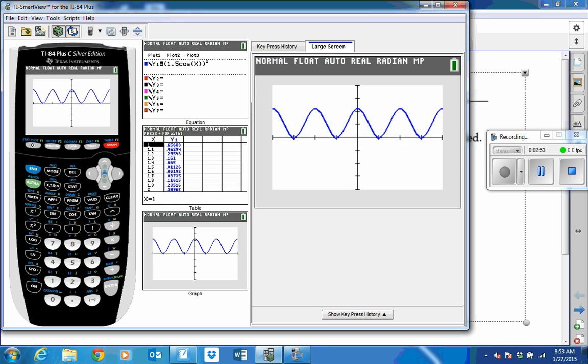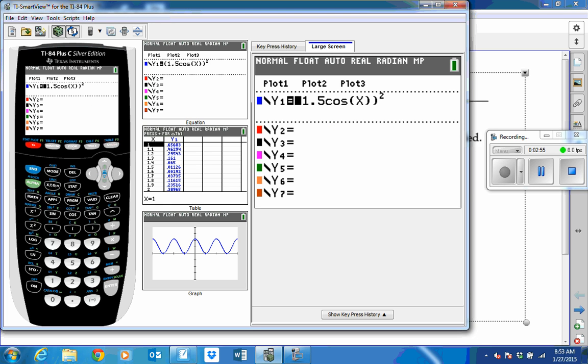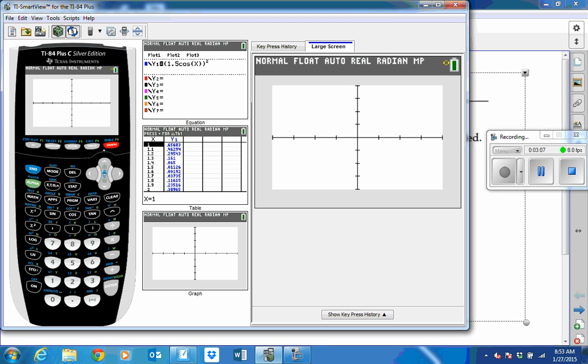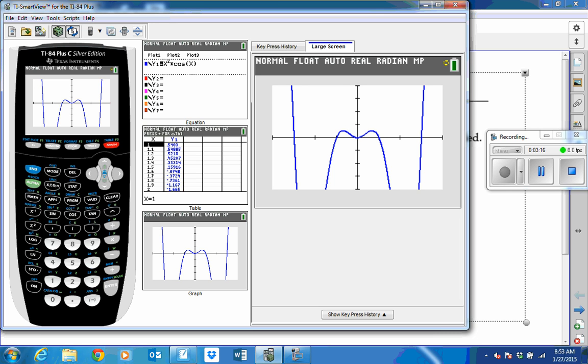So now let's look at our next example, which is x squared times the cosine of x. I'm going to clear that one out, put in x squared times the cosine of x, and graph that one. Now at first glance, it doesn't appear that this function is periodic, but we can't be certain of that unless we extend our domain on this, because we don't know if this exact same graph might be repeating.